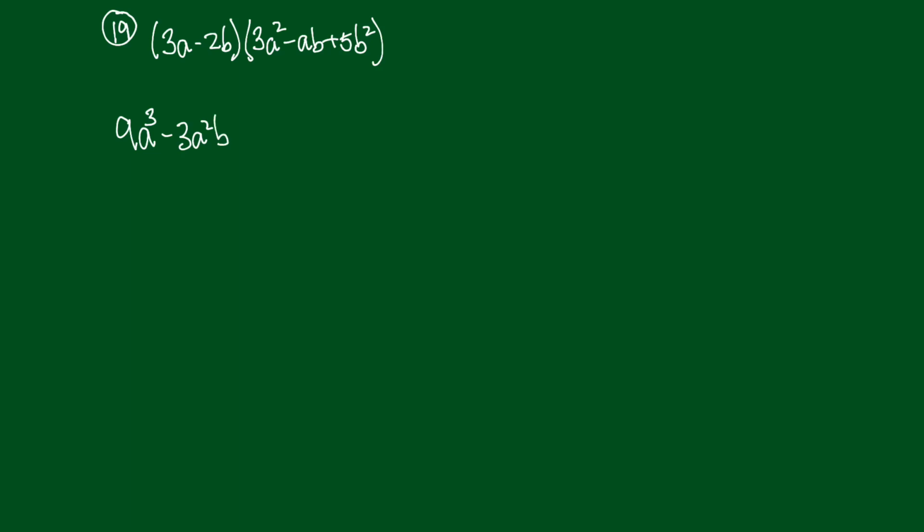So minus 3a squared b. And now, run it all the way through. So 3a times 5b squared. So 3 times 5 is 15, right? Positive times positive is positive 15. I've got an a and a b squared. So it's going to be plus 15ab squared. Now move over to the negative 2b.